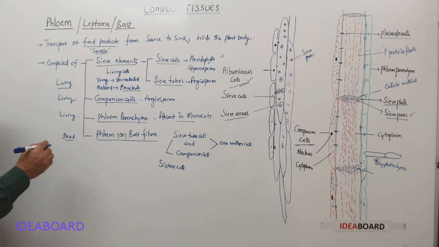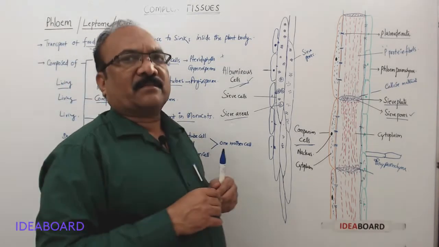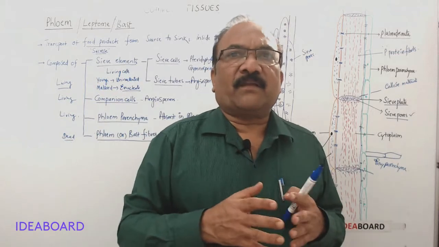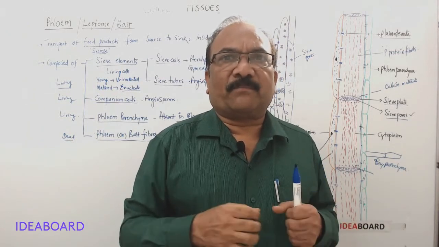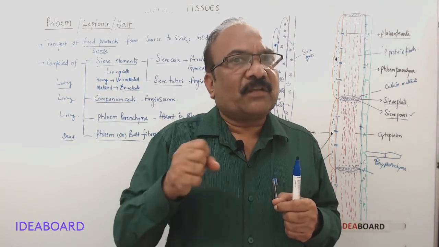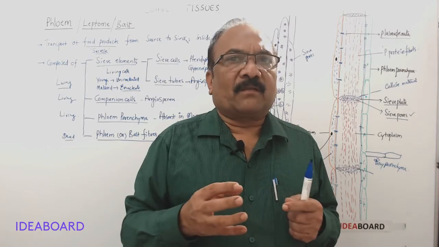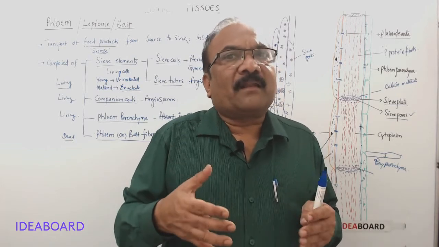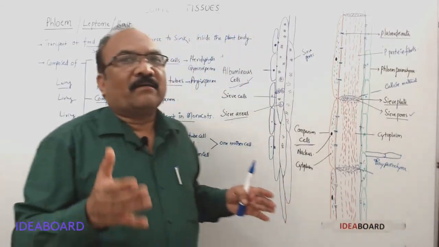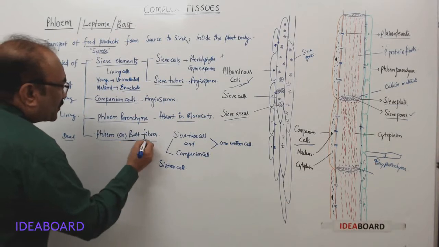Now the phloem fibers, which are sclerenchymatous fibers with lignified walls, provide strength to the phloem, but they are generally associated with secondary phloem. There are very few in the primary phloem, but they are more in number with secondary phloem, and that's why they are called bast fibers.